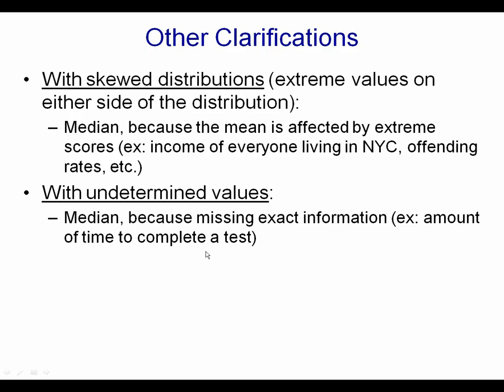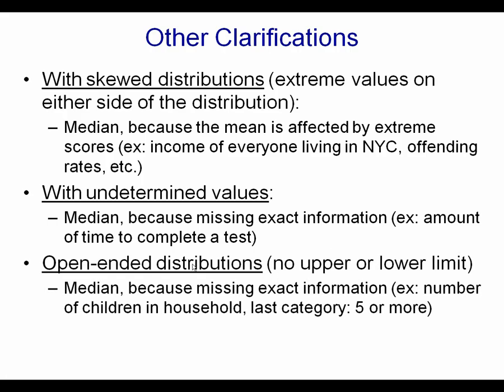As an example, an amount of time to complete a test, we just don't know. And open-ended distributions, no upper or lower limit, we want to use the median, because we're missing exact information; again, we just don't know what the information is going to be.